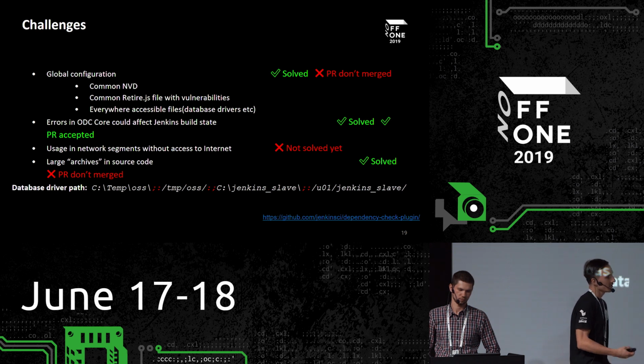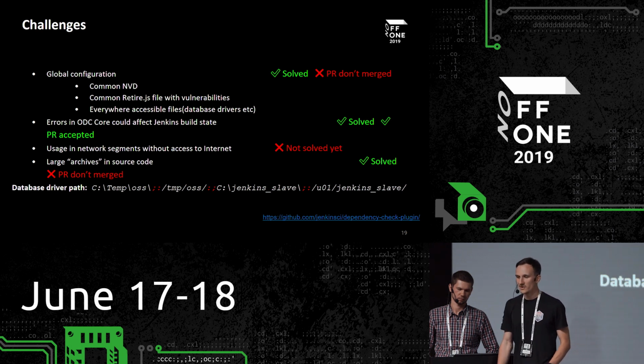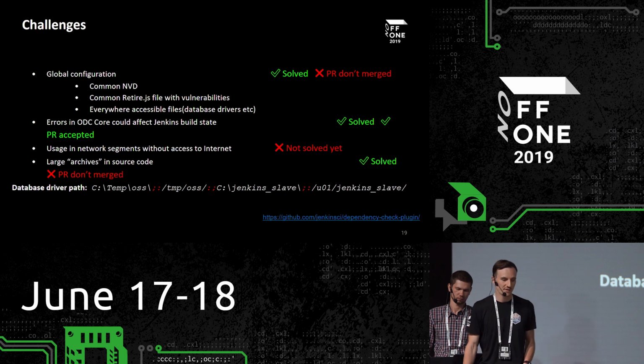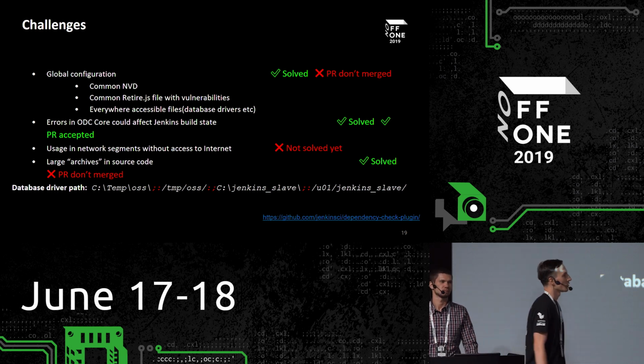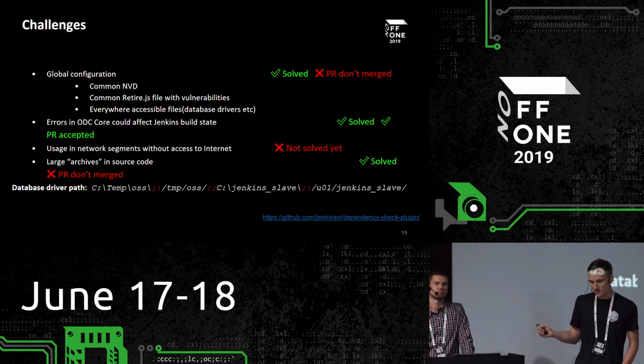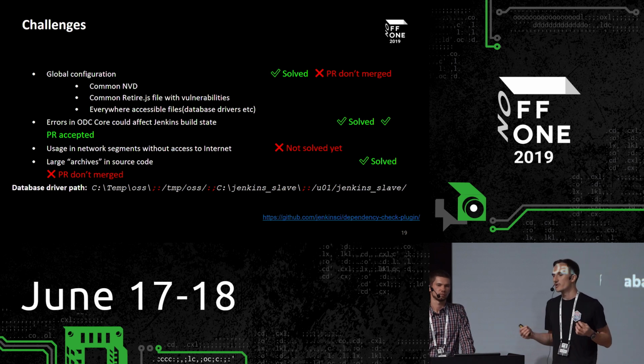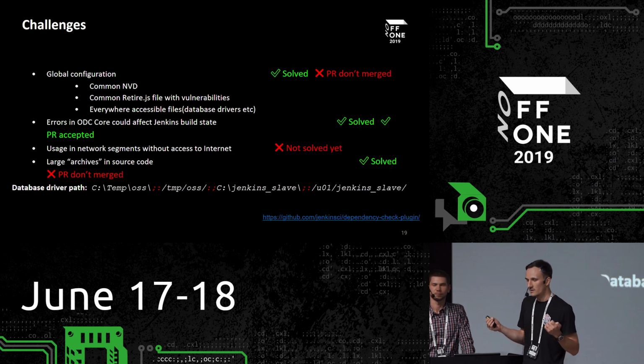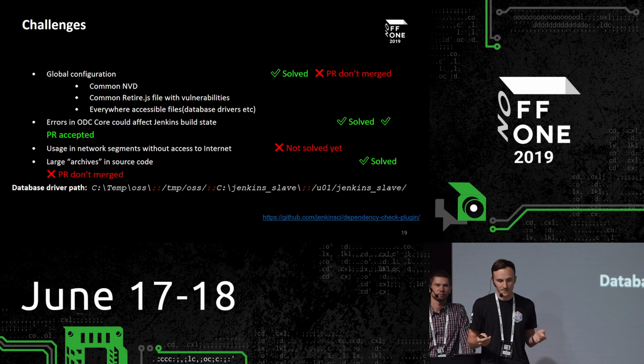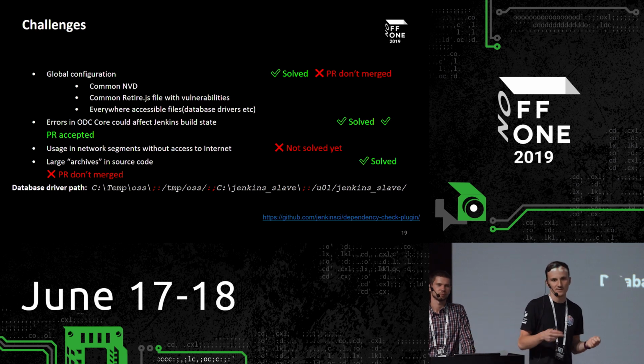The third thing: it was not all that great with offline support, and for example, the npm analyzer does not work in closed network segments. The point is that the general logic of the analyzer in Odyssey, the npm analyzer, does the same thing as the npm audit call.